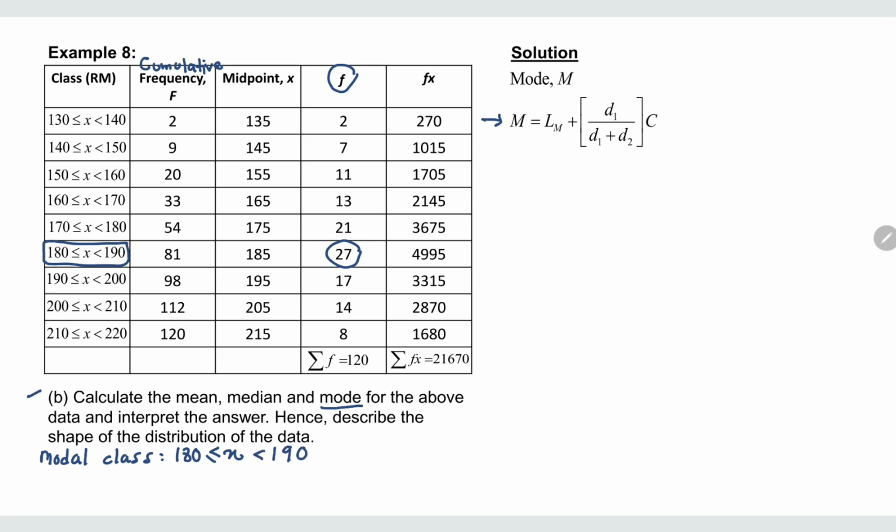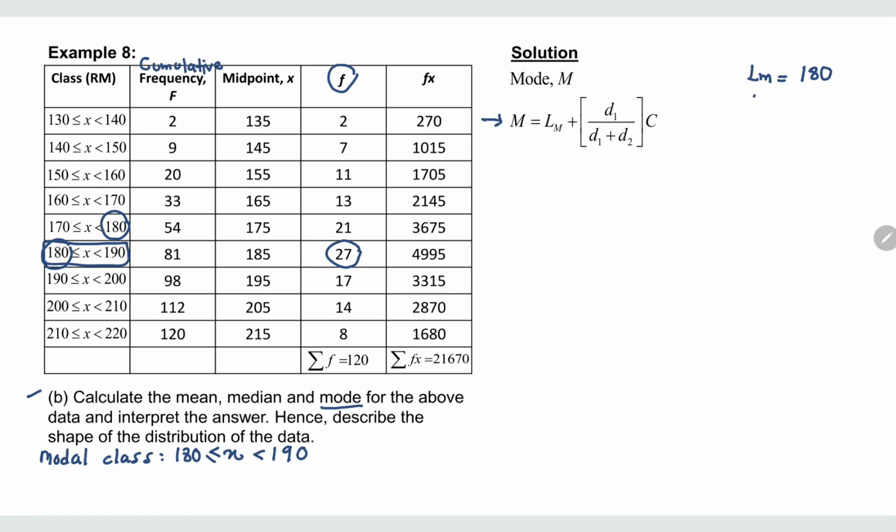So we know that the modal class is x greater than or equal to 180, less than 190. Okay, next we must find a few more pieces of information before we can substitute into the mode formula. We must find Lm, the lower boundary of the modal class, which we can take as 180 plus 180 divided by 2, which is 180.